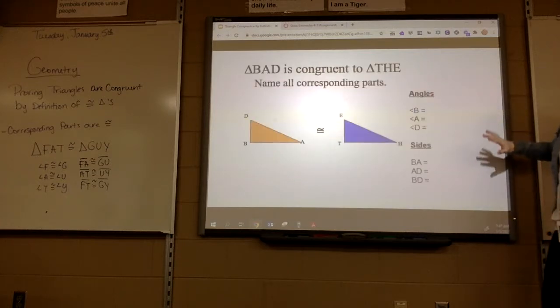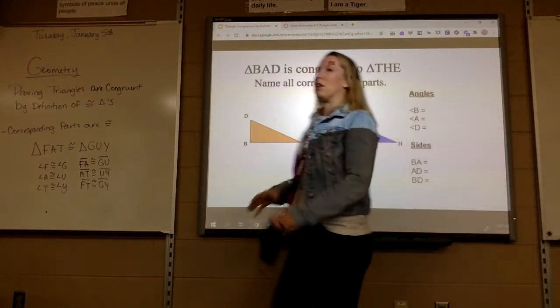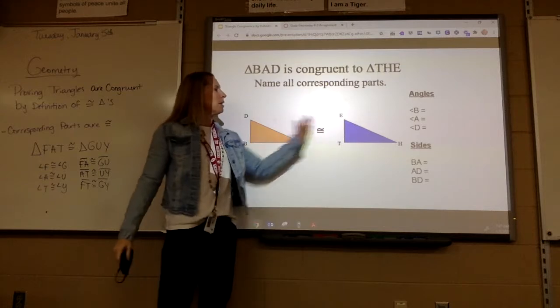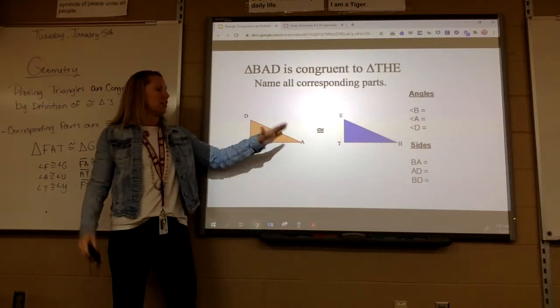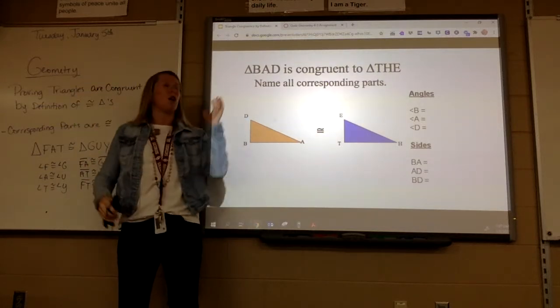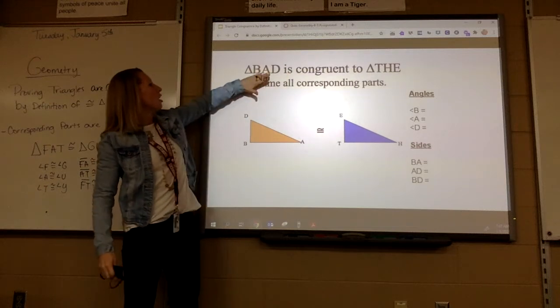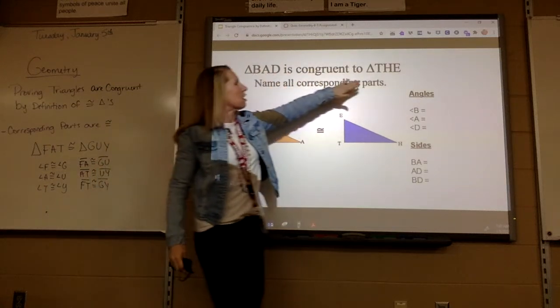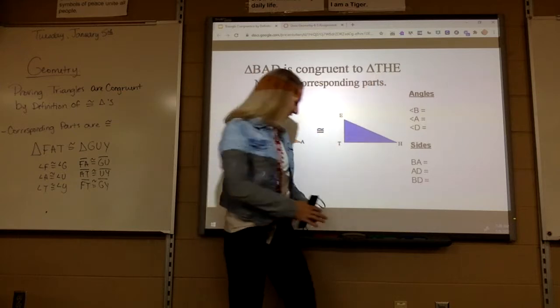Okay, so let's try to name some corresponding parts. Again, you can probably tell by the pictures because the triangles look the same, but sometimes the triangles are turned. So always look at the statement. Triangle BAD is congruent to triangle THE.